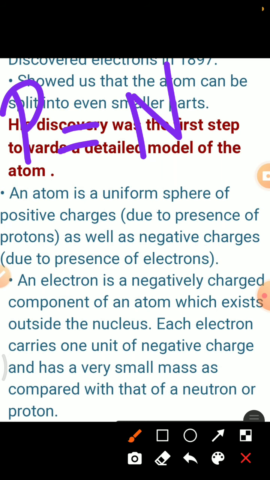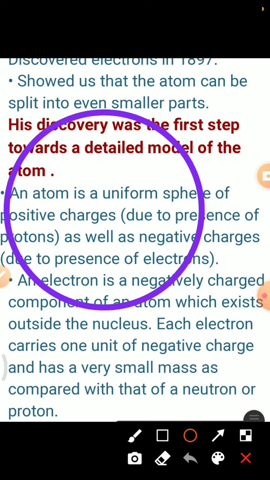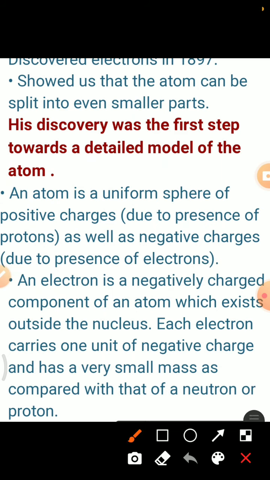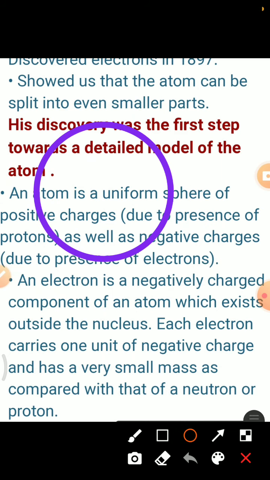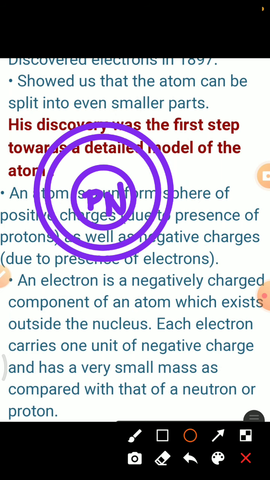Now just have a look, this is an atom, it has a nucleus inside it. In that nucleus protons plus neutrons are present, and outside this there are chains like this, kind of a galaxy where electrons are present.